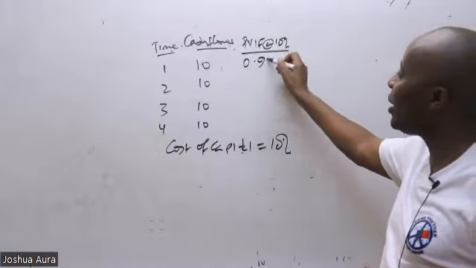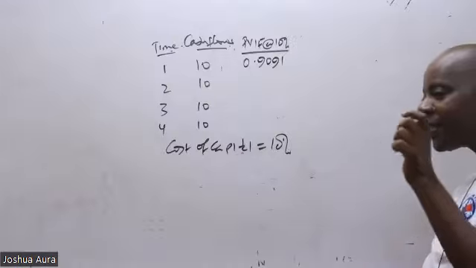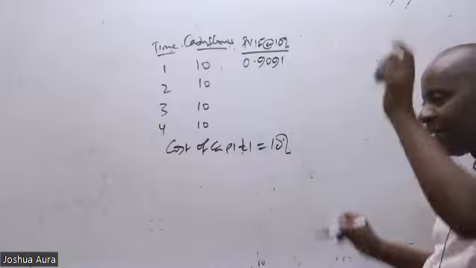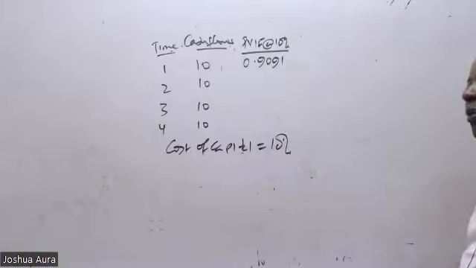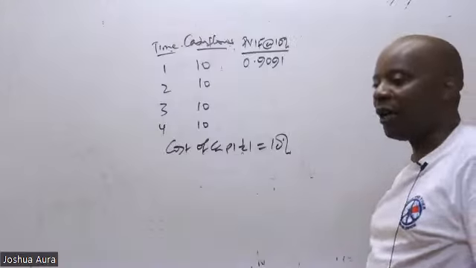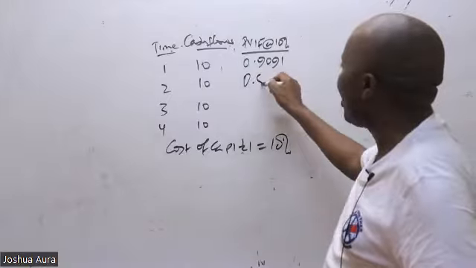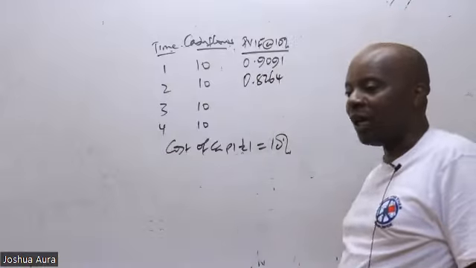The first one is 0.9091. Is there somebody who can remind us these figures? We are copying and pasting from the question above. End of year 2, what do we have? 8264.